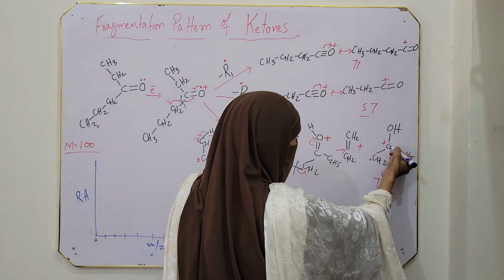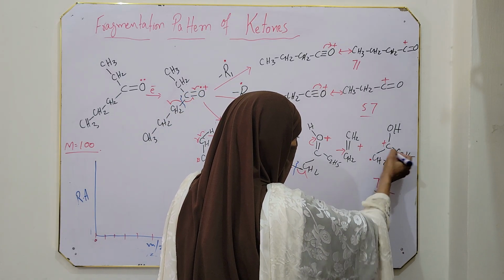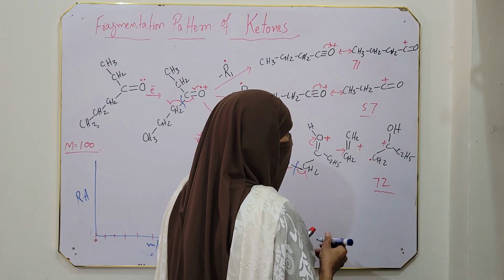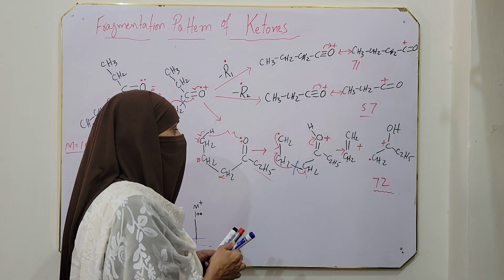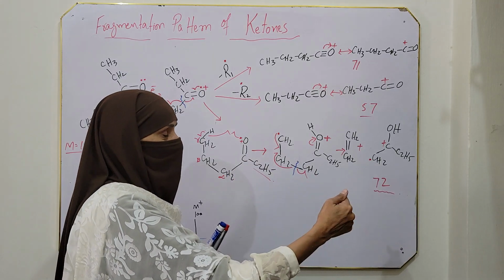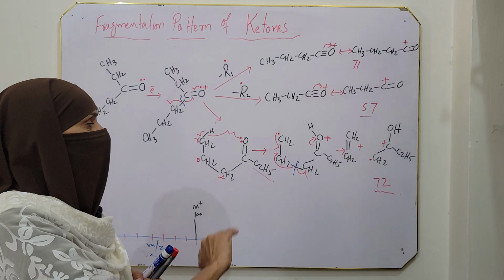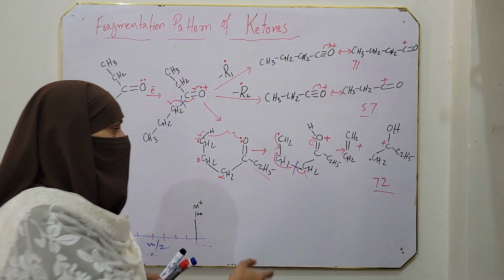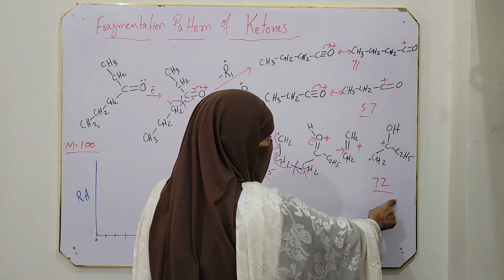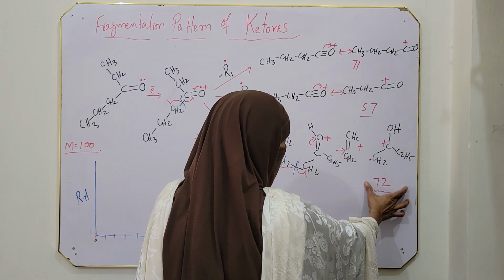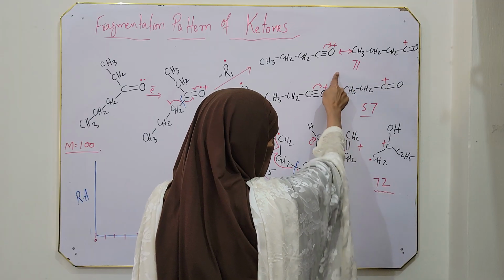This carbon is directly attached with two alkyl groups, on this side and on this side, so it is a secondary carbocation. We have discussed earlier that tertiary carbocation is more stable than secondary, and secondary carbocation is more stable than primary. So this secondary carbocation will be the most stable as compared with these two primary carbocations.